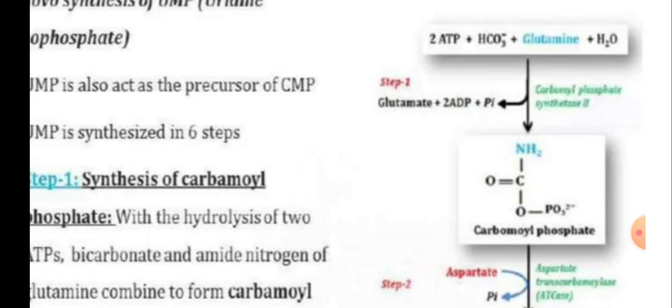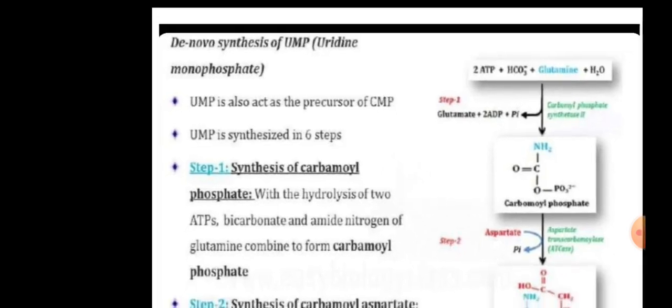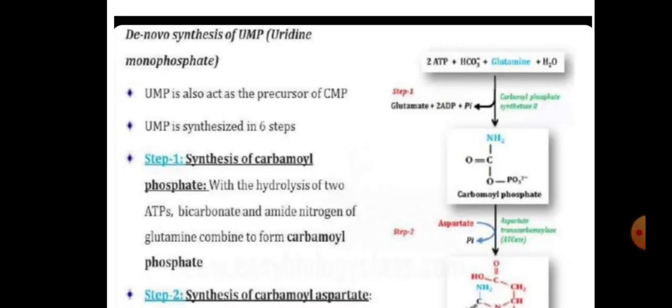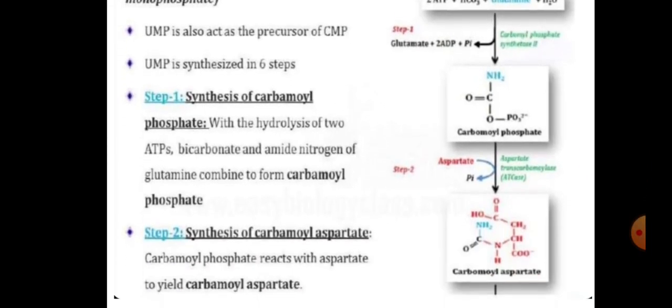First it requires 2 ATP molecules, bicarbonate, glutamine and water. Glutamine is converted to glutamate, and ATP is dephosphorylated into the ADP and inorganic phosphate. The enzyme involved is carbonyl phosphate synthetase II. So there will be the formation of carbonyl phosphate.